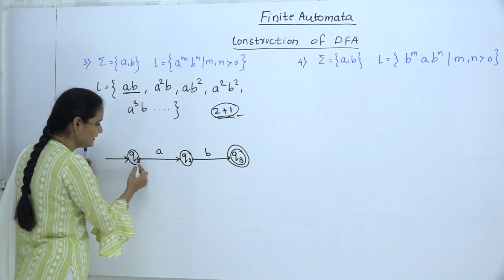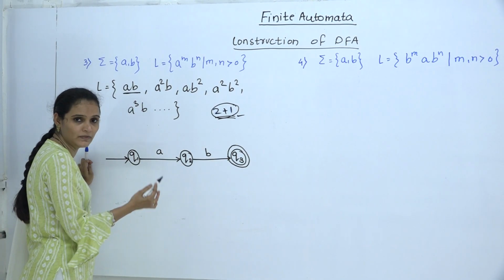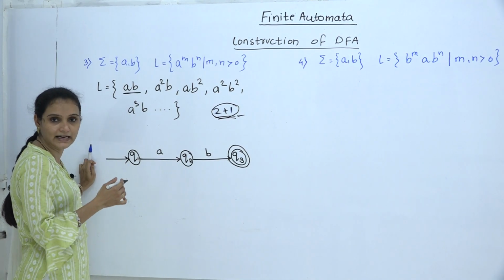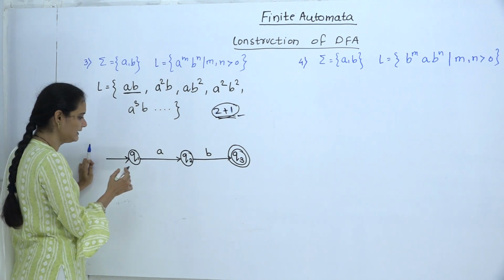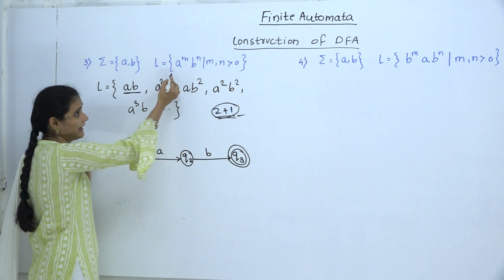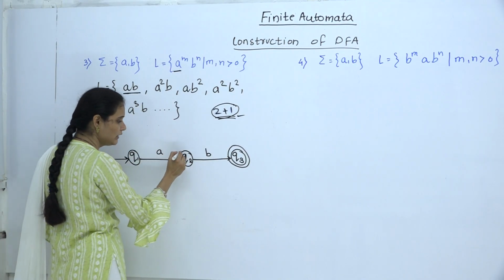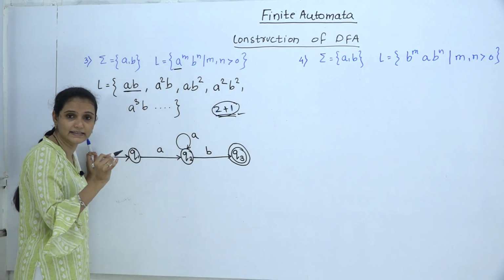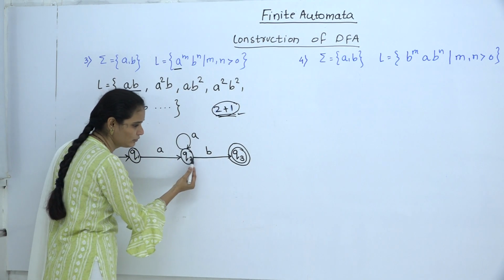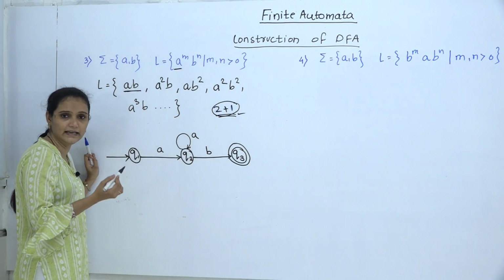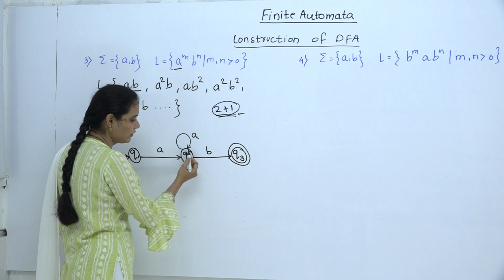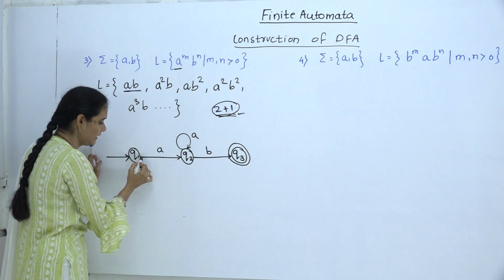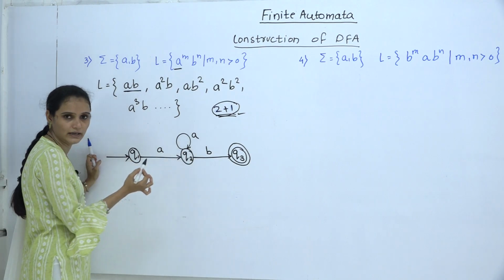So Q1 on a goes to Q2, meaning another a from Q1 is not possible in DFA. That will be possible in NFA but not in DFA. Therefore, to complete a raised to m, we can give the loop of a at Q2, because from Q2 a still doesn't go anywhere. From Q2 only the transition of b goes, a doesn't go anywhere, therefore I can give the loop of a at Q2. So we have completed a raised to m.